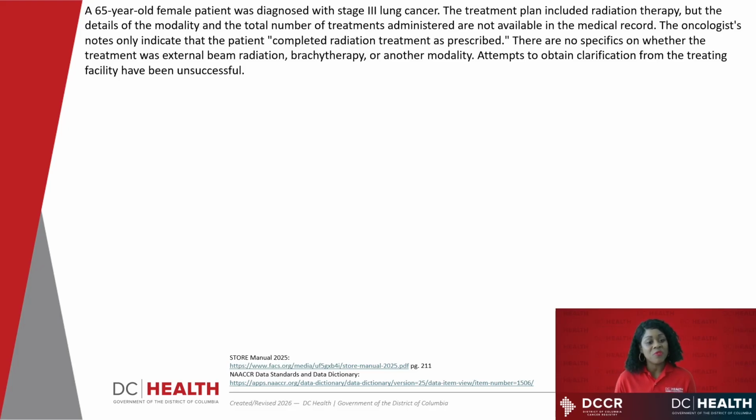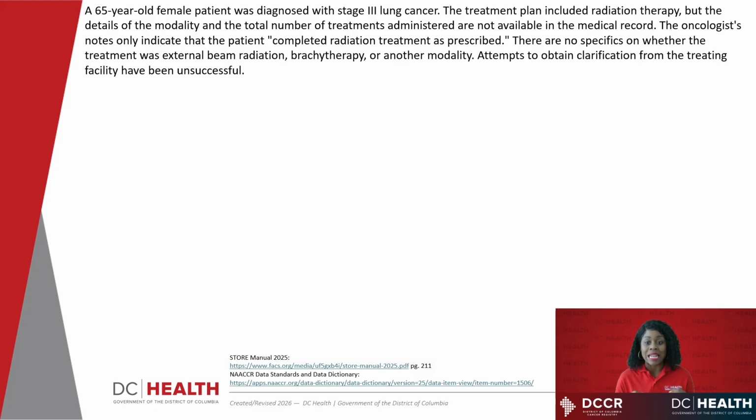A 65-year-old female patient was diagnosed with stage 3 lung cancer. The treatment plan included radiation therapy, but the details of the modality and the total number of treatments administered are not available in the medical record. The oncologist notes only indicate the patient completed radiation treatment as prescribed. There is no specification of whether the treatment was external beam radiation, brachytherapy, or another modality.